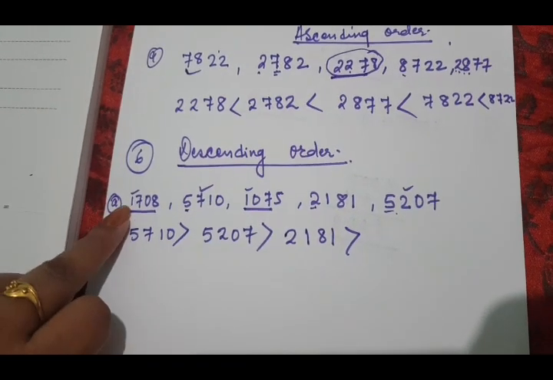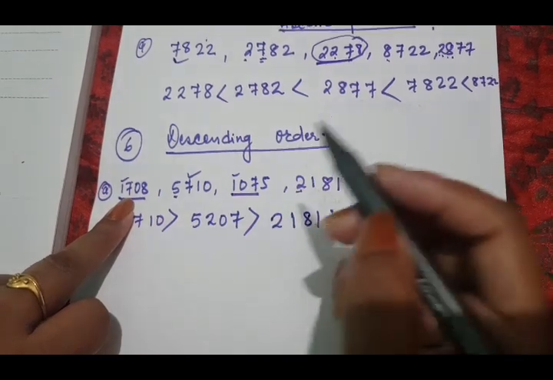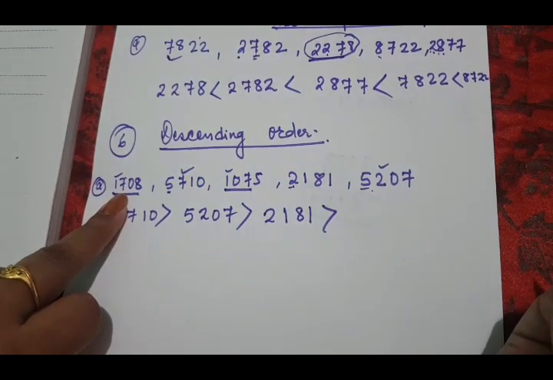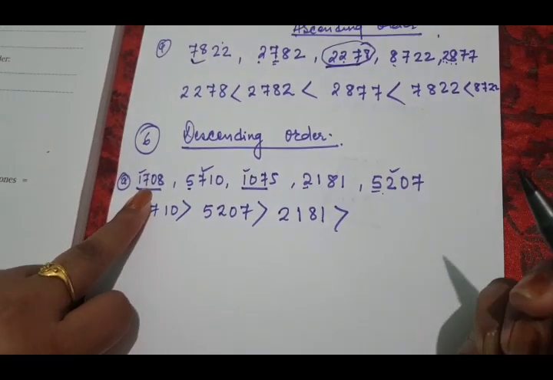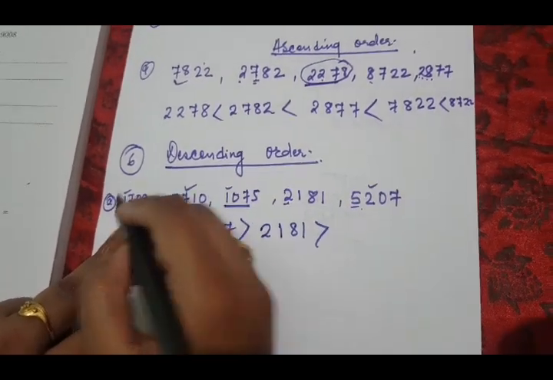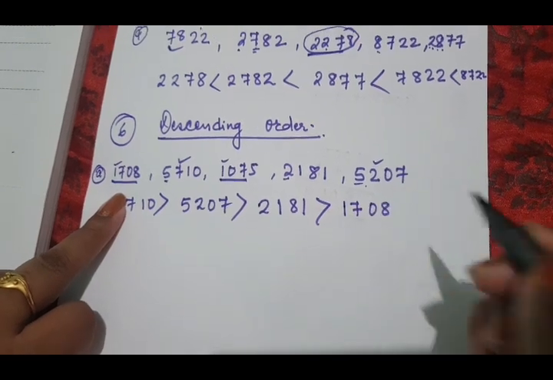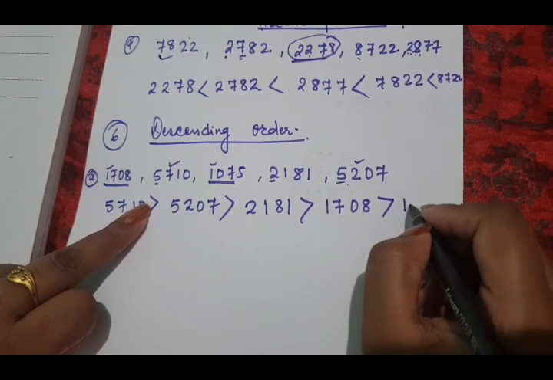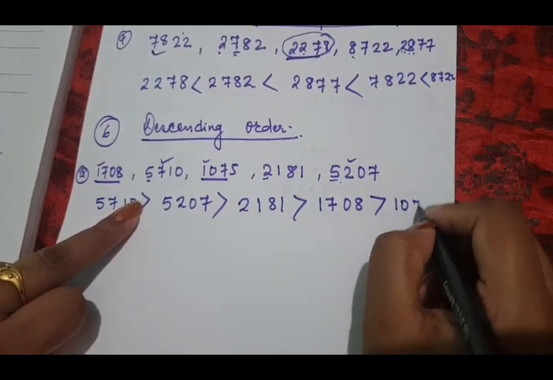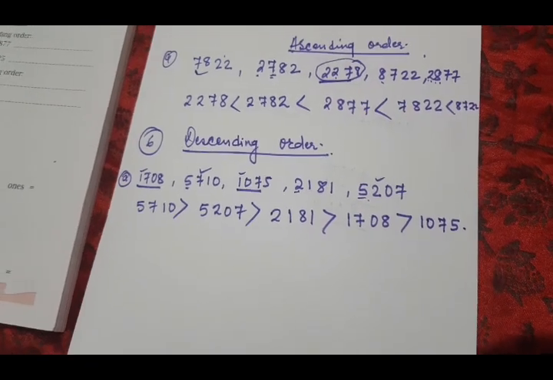The first one is 1 and 7 and 0 as the second digit. Which one is the larger group of numbers? This first one, 1708, and the smallest number is 1075. So this is descending order.